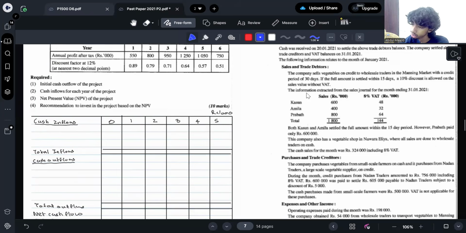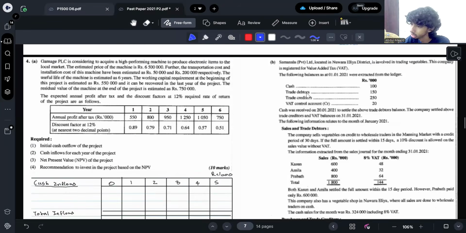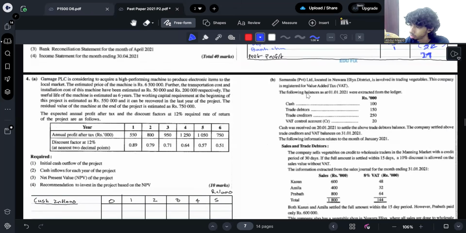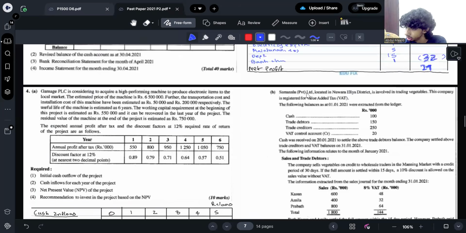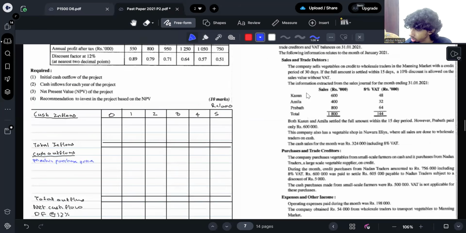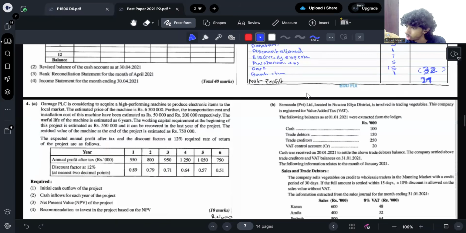So you can record it in cash outflows, saying machine purchase price 6,500,000. Those are initial outflows.